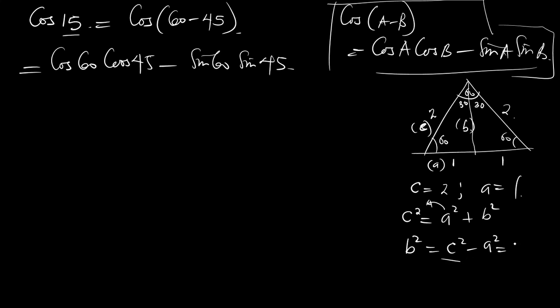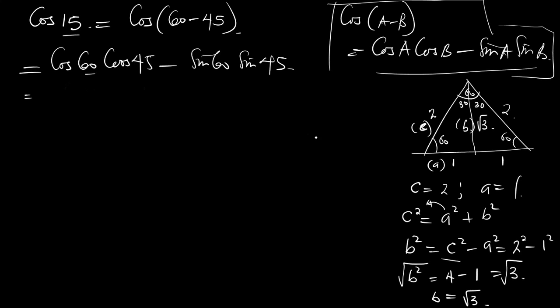So you have C is 2, 2 squared minus 1 squared, so 4 minus 1, which is equal to 3. So B squared is equal to 3. Taking the square root of both sides, you have B equal to plus or minus root 3. We're using plus root 3. Now here is square root of 3.